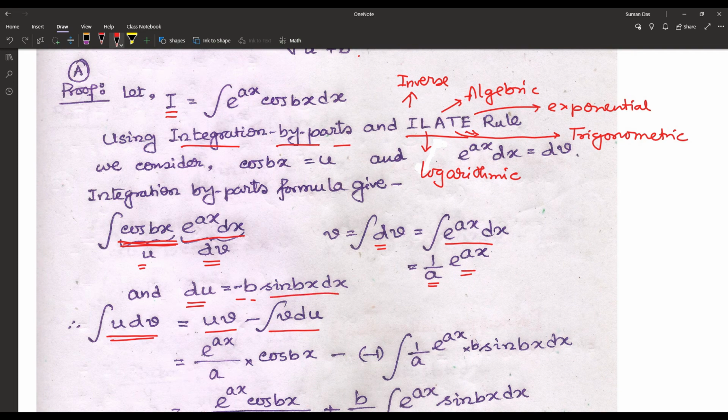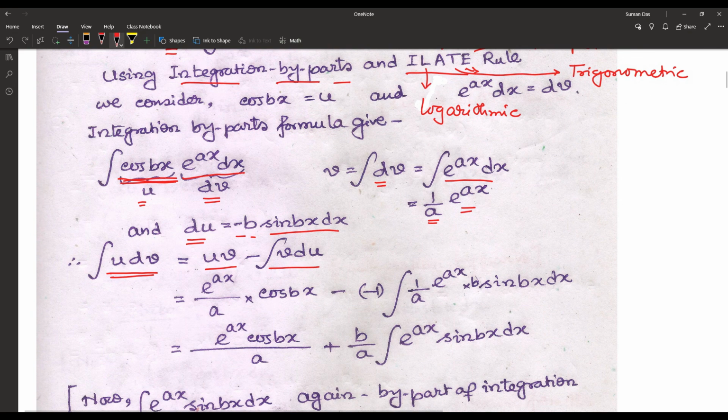So if we put the values of u and v here, that one is u and that one is our v, minus, as the minus b is here, we are taking common the minus 1 from here, integration of, for v, e to the power ax by a, into b sin bx dx.